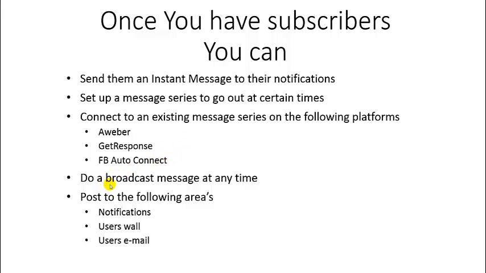You can also do a broadcast message at any time. This is handy if you've just done an update on your fan page and you want to broadcast out to your subscribers so that they come and have a look at it, share, like, and comment. You can post to your notification areas on your users, you can post to their users' walls, and you can send them emails. Pretty cool, eh?